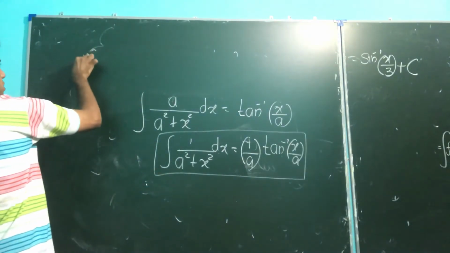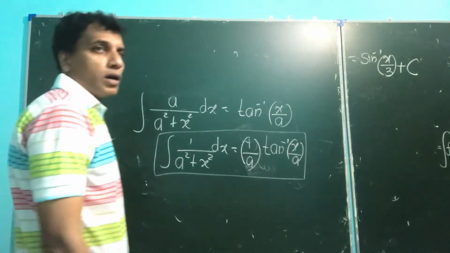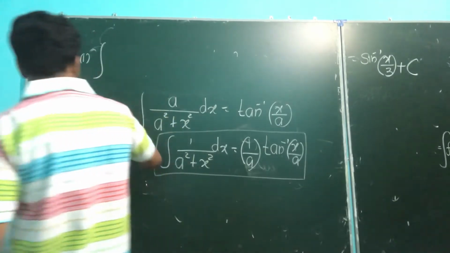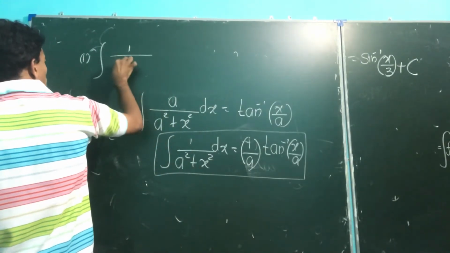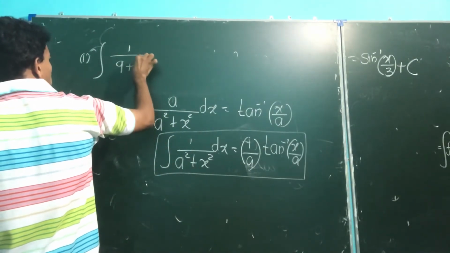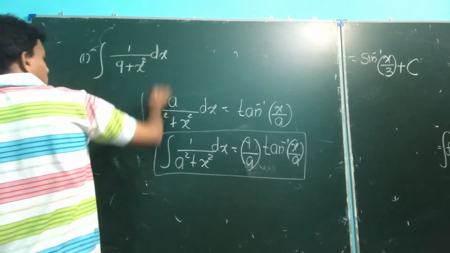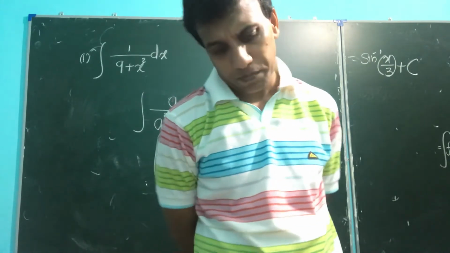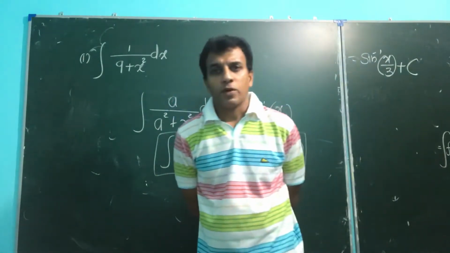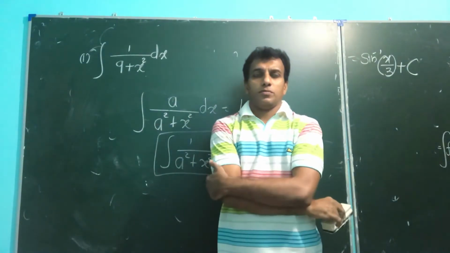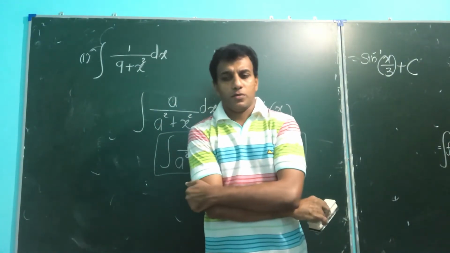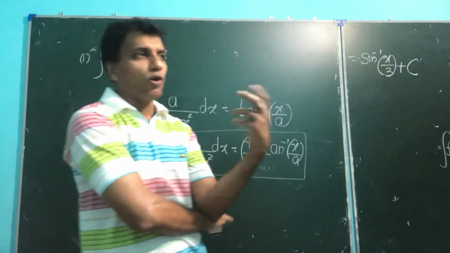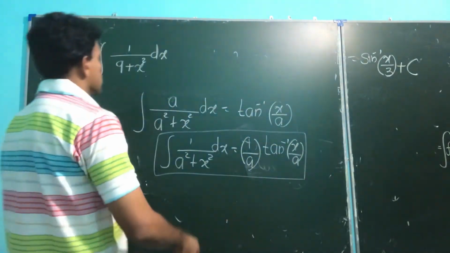One example: the integral of 1 over 9 plus x square dx. Write the standard form first. Always follow the theory part, then complete the answer.